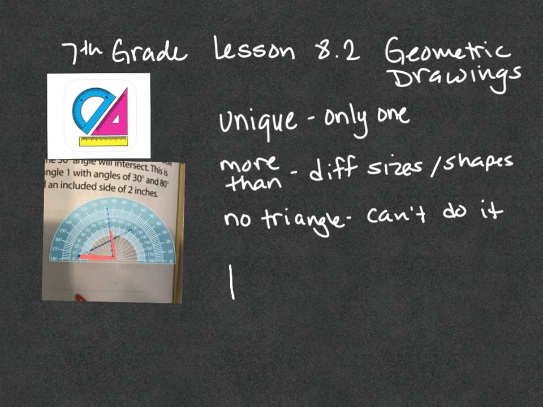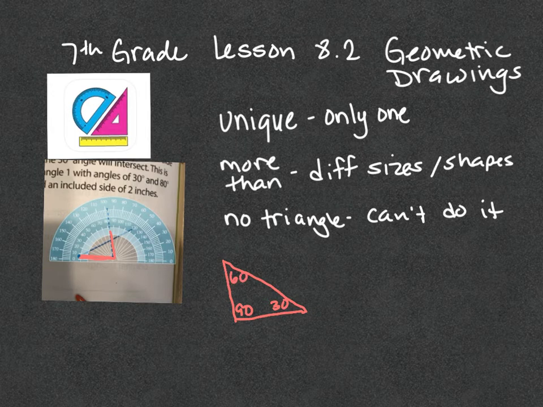So let me just change that color so it doesn't bleed in with the other information I just gave you. By now you probably remember that all of the angles inside of a triangle always add up to 180 degrees. So let's say this one is 90 degrees, 30 degrees, and 60 degrees, right?